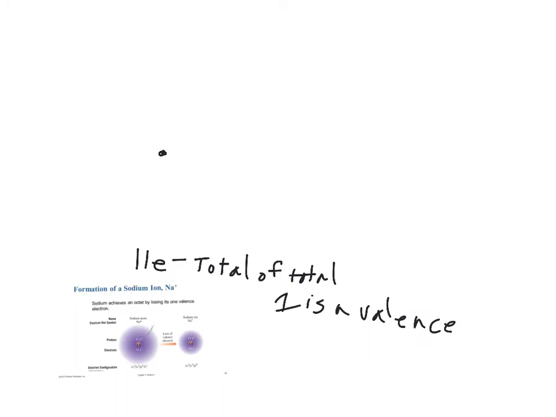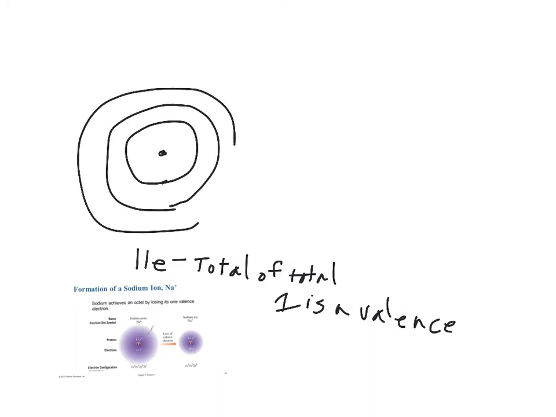If we were to draw our picture of the neutral sodium atom again, it has 3 energy levels with 2 electrons in the first energy level, 8 electrons in the second, and then just 1 electron sitting there by itself in the third energy level. It wants to have 8 in whatever that outermost energy level is.